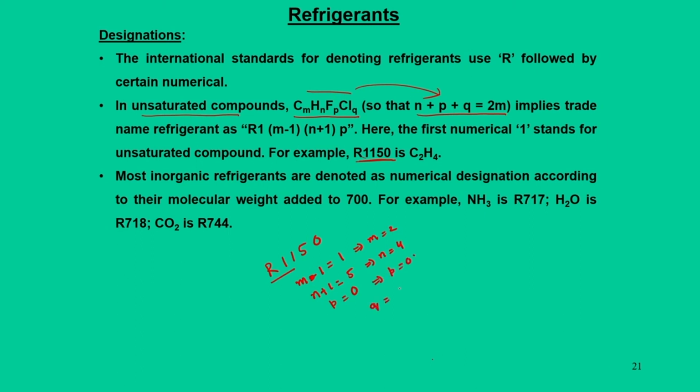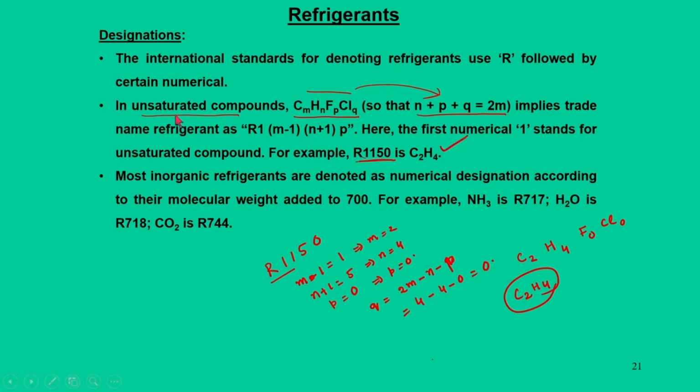Q can be found out as 2m minus n minus P, so this is 4 minus 4 minus 0. So, Q is 0. From this we can now say that CmHnFpClq, that is C2, H with n equal to 4, F with p equal to 0, Cl with q equal to 0. So, it is C2H4, which is here.